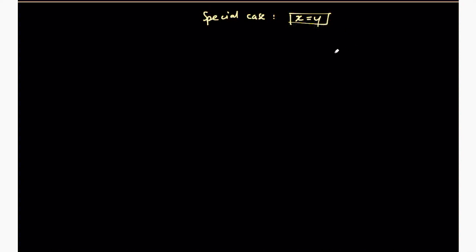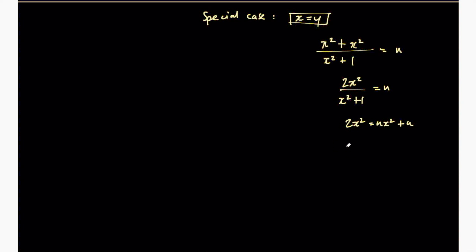So we would have x squared plus x squared on the top line, because x equals y, and then we'd have x squared plus 1 on the bottom line, and this equals some integer n. Then we'd have 2x squared over x squared plus 1 equals n. And then you can rearrange this in terms of x squared, so you can say 2x squared equals nx squared plus n, and then take that onto the other side.